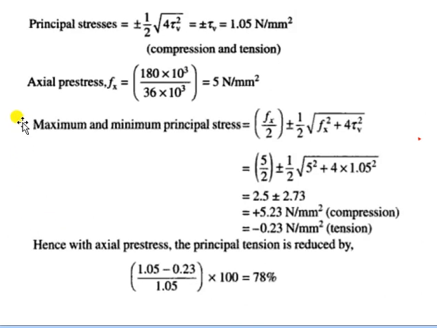So I will consider that case to calculate the principal stresses developed in the member when it is subjected to horizontal pre-stressing. We know the formula is f of x by 2 plus or minus 1 by 2 square root of f of x square plus 4 tau v square. Here f of y will be 0 because in the question they have not mentioned anything about vertical pre-stressing. Therefore f of y is equal to 0. So here f of x, that is axial pre-stress or horizontal pre-stress, is equal to p by a.